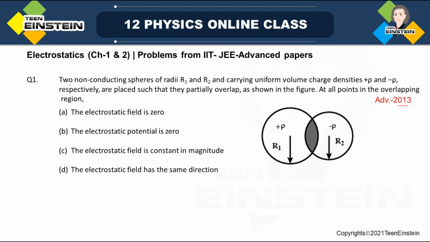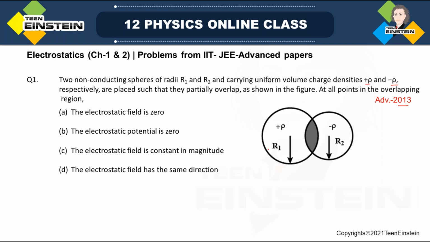So the first problem says: two non-conducting spheres of radius r1 and r2, carrying uniform volume charge densities plus rho and minus rho respectively, are placed such that they partially overlap as shown in the figure.